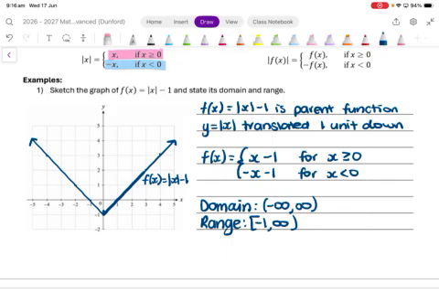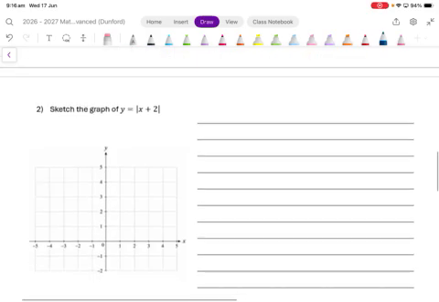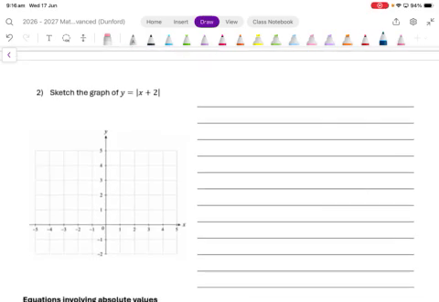So example 2, we want to now sketch the graph of y equals the absolute value of x plus 2. What we have with this is that our plus 2 is now inside our absolute value function.